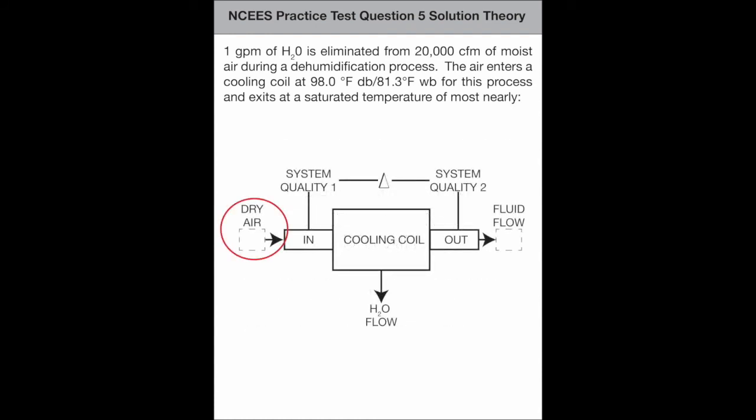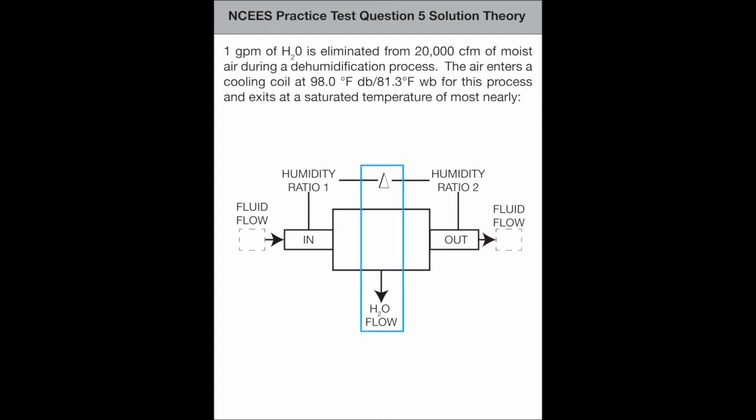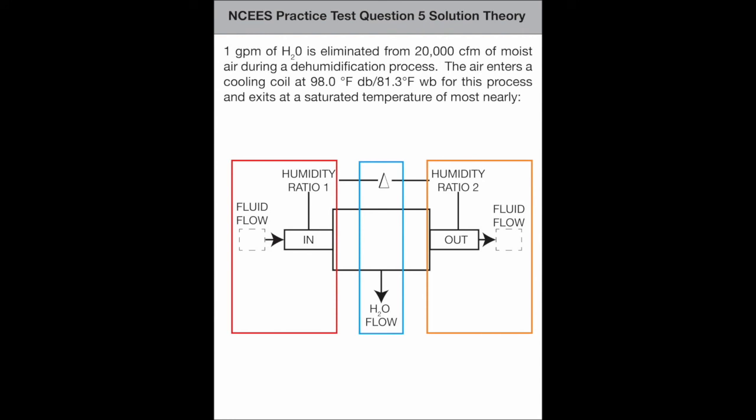Dry air with a particular humidity ratio enters the coil at a flow rate. Water is extracted by the cooling process at a flow rate. And dry air with a lower humidity ratio exits the coil at a flow rate. The extracted water flow rate must equal the difference between the inlet and outlet flow rates.